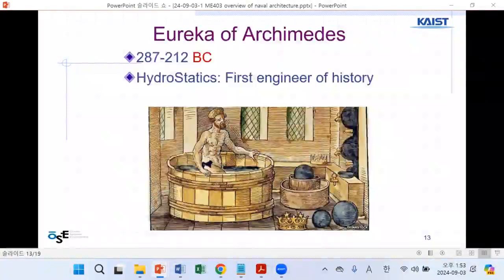My office is in the building named Eureka, M27. So Eureka is coming from Archimedes. He is Archimedes. Well, you see that he lived 300 years before Christ. Many people are saying he is the first engineer in history.